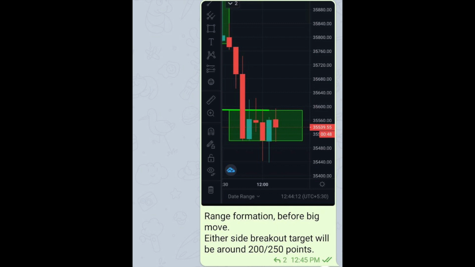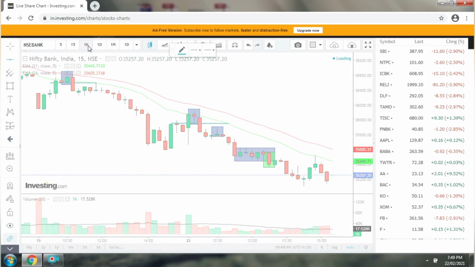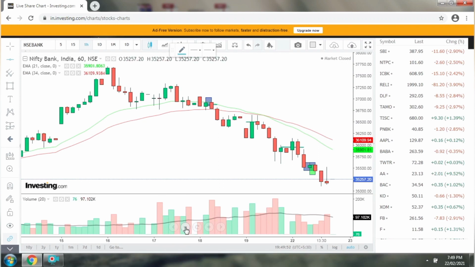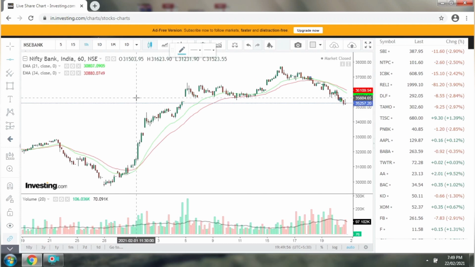So I have posted this chart also in the group when Bank Nifty went into the consolidation phase and was forming a narrow range. A short entry could again have been taken when the big red candle closed out of that rectangle box, but this can be a risky entry because we are near the closing of our market, and I never take trades after 2 or 2:30 p.m. for intraday particularly.